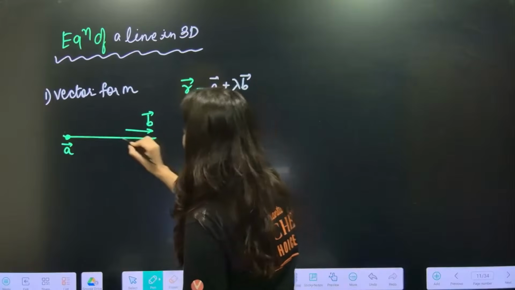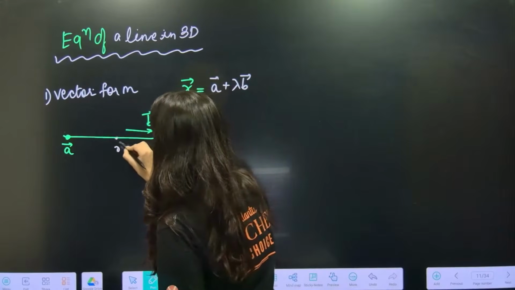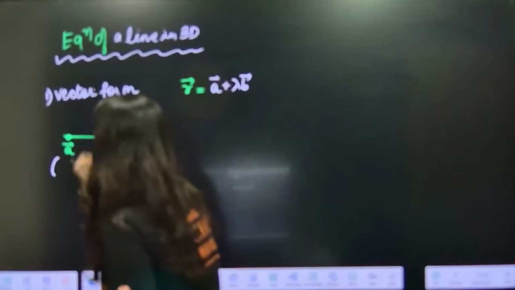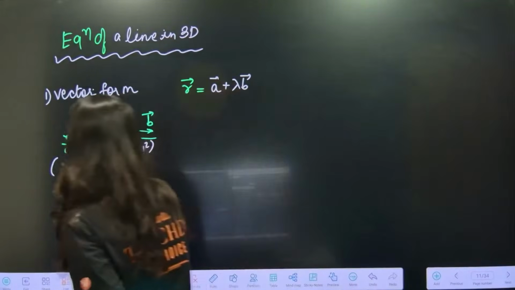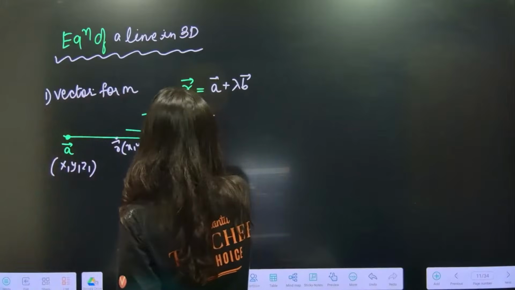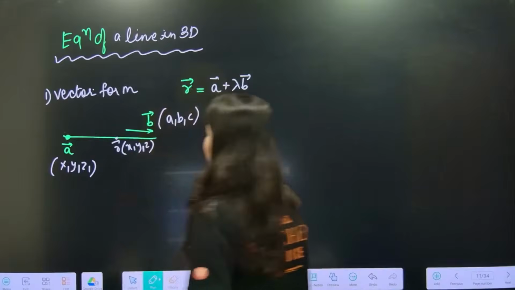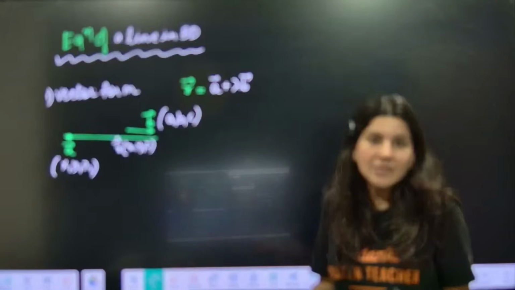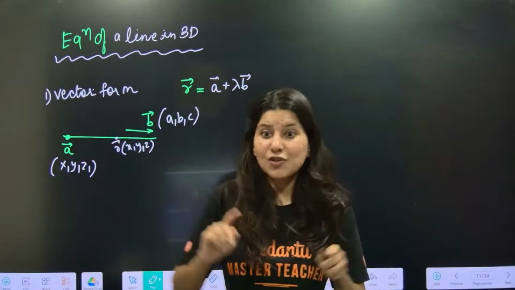What is R over here? An unknown point, which is suppose x, y, z. What is A over here? A is actually x1, y1, z1, a fixed point. What is B over here? B vector is nothing but a vector which is parallel to this line, and B vector is also known as the direction ratio of that line.